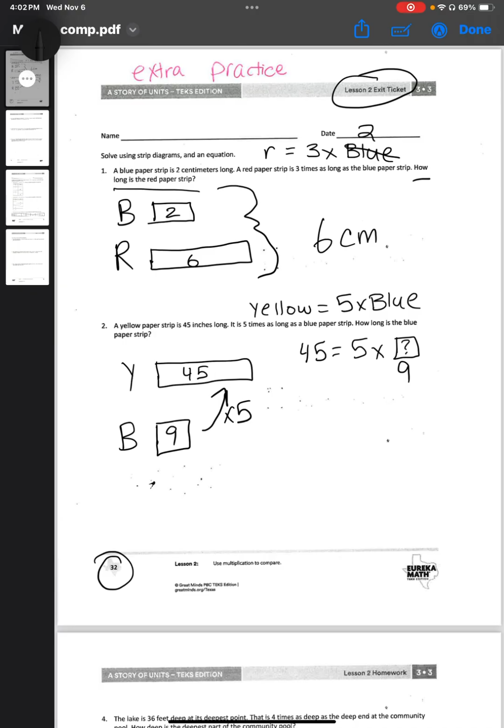Some of these problems will come with a lot of information in them. I tell the kids, slow down, draw one part of the problem at a time. If you can do that, you can typically find a pathway to solve it. But if you just look at all that information at once and you try to put it all together at once, it's a little bit overwhelming, and that is where mistakes are made.